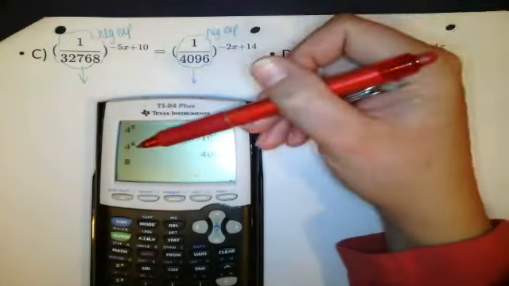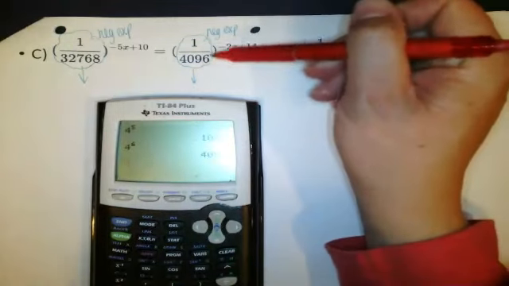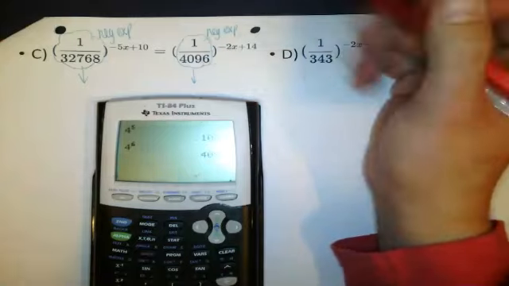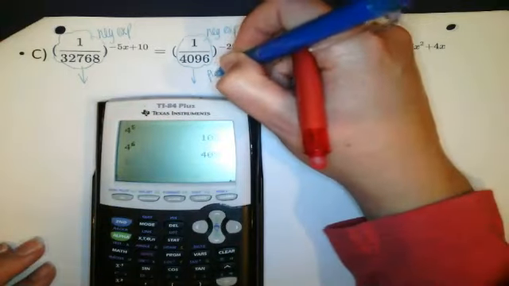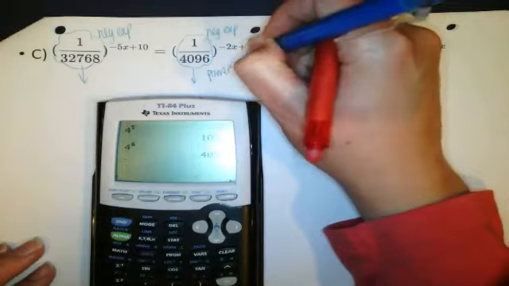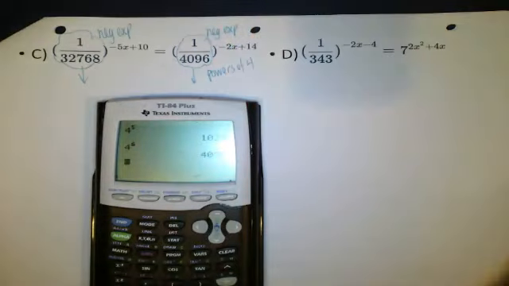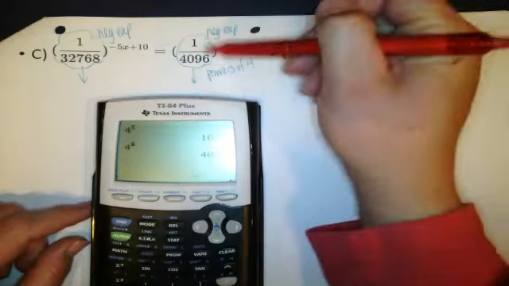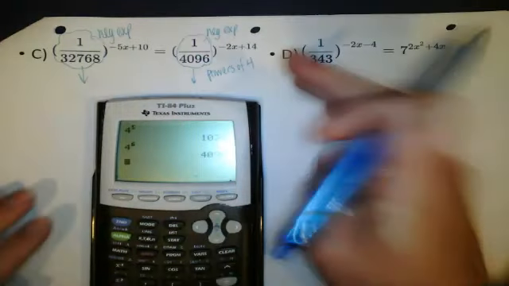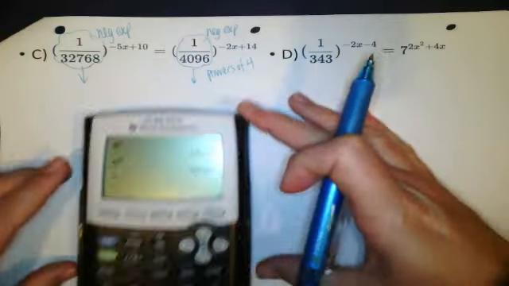4 times 4 is 16. So I thought that maybe something with a power of 4 would give me a 6 in the ones position there. So these are powers of 4. And so you can see that 4 to the 6th was 4096. So 1 over 4096 would be 4 to the negative 6th power.